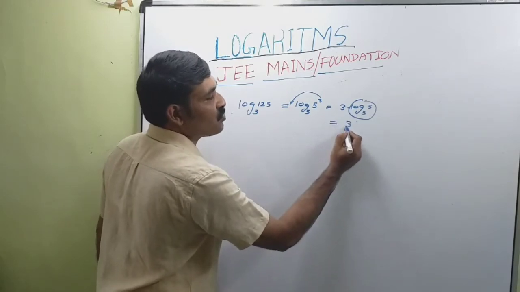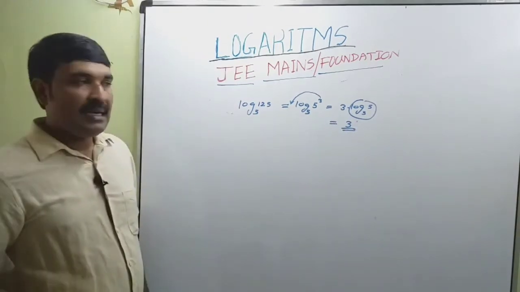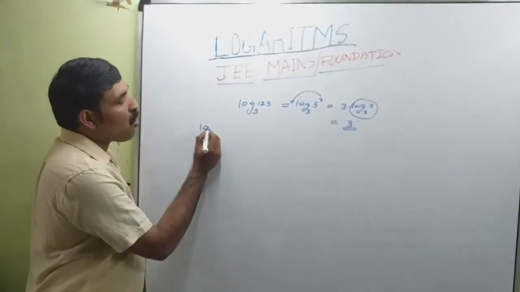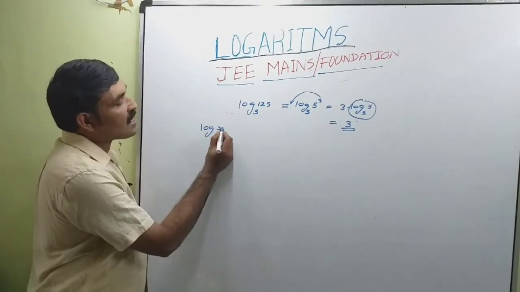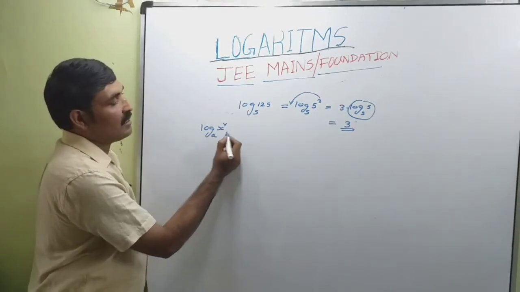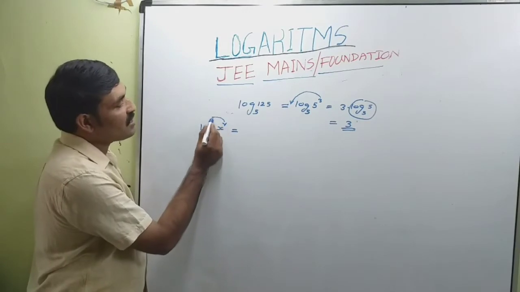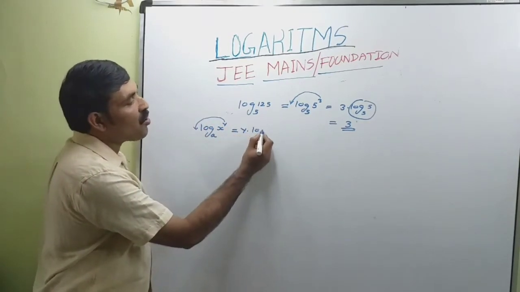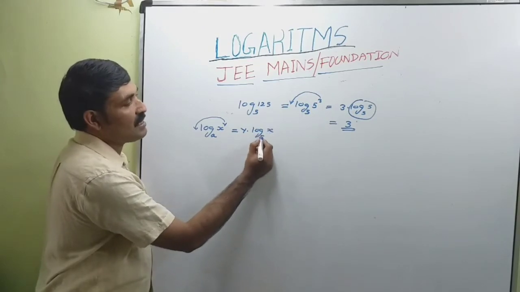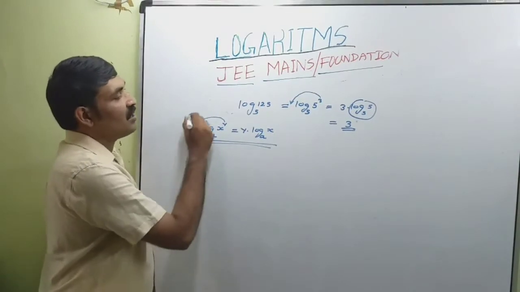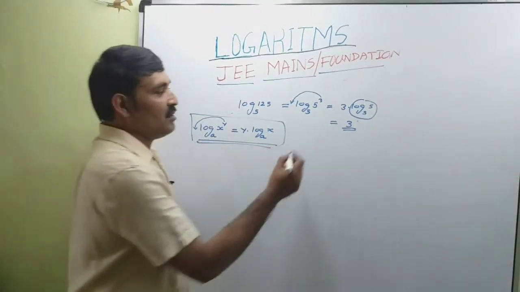So this is equal to 3. In general, we can conclude that log x raised to y to the base a is equal to y into log of x to the base a. This is one of the important properties.